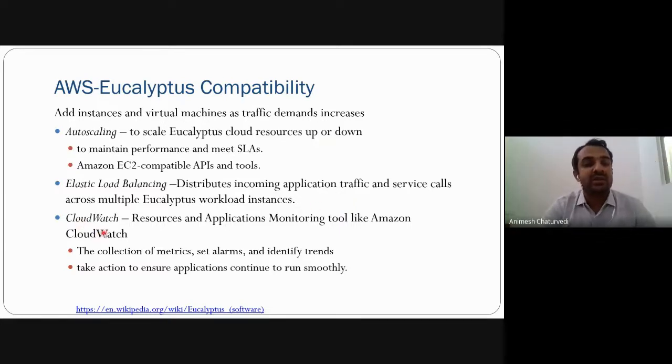And then what is CloudWatch? CloudWatch is basically a resource and application monitoring tool inside Eucalyptus, and it is like Amazon CloudWatch. So it too monitors the number of resources that are empty and the number of users that want resources.